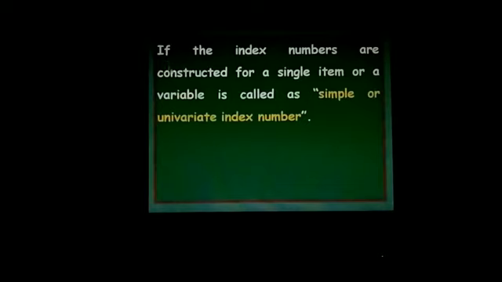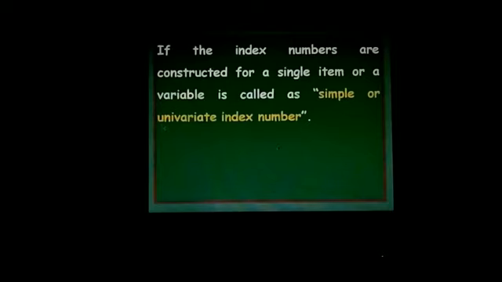Fine. So what is a simple index number? Look at the cursor. If the index numbers are constructed for a single item, as I have mentioned in the example, or a single variable is considered for construction of index numbers, then it will be called a simple index number, or else it will be called a univariate index number.